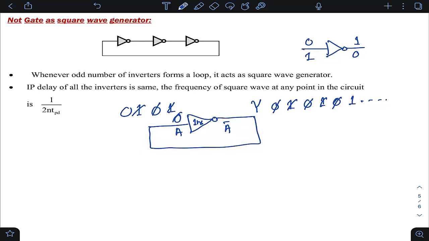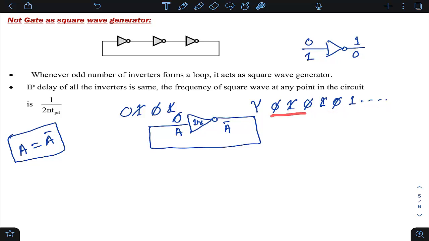So forcefully I am saying that A equals A bar. Whenever a variable is equal to its complement, which is a contradiction, you get some kind of unstable behavior. The output is not getting settled at either 0 or 1, it is fluctuating 0, 1, 0, 1 in a pattern.